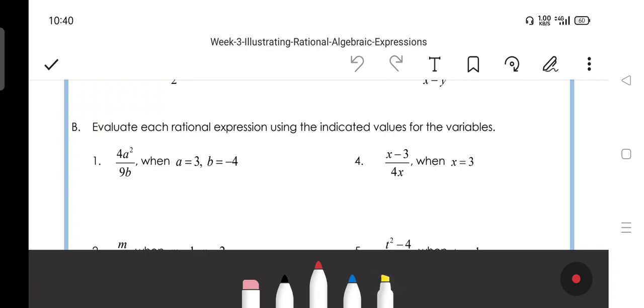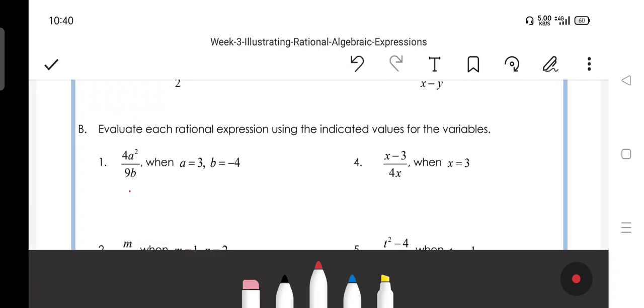So we have 4, and a squared. So instead of writing a now, we're going to replace a by 3.